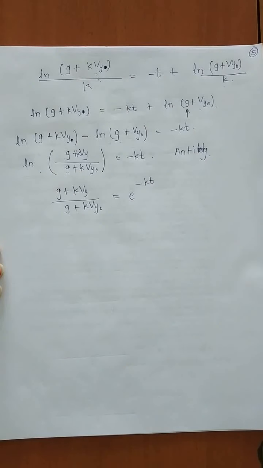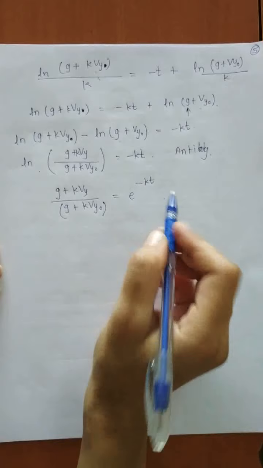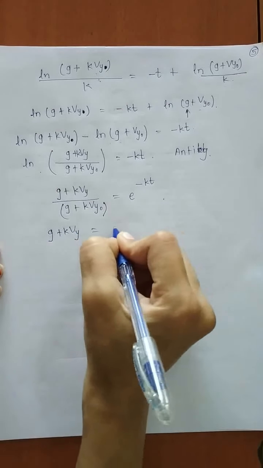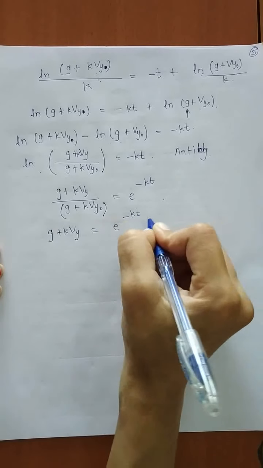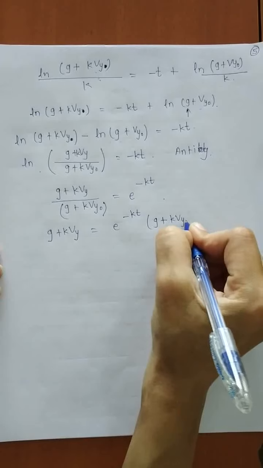Now again rearrange, take this term on RHS. You will get g plus k vy equals to e raised to minus kt into g plus k vy naught.